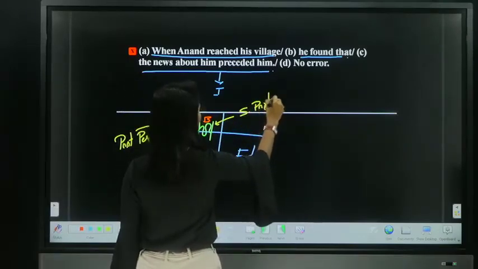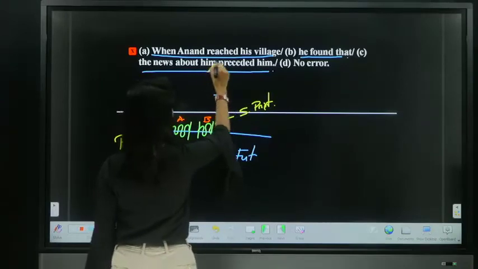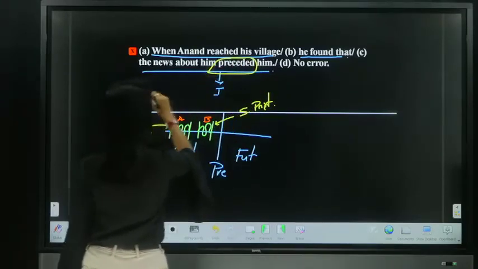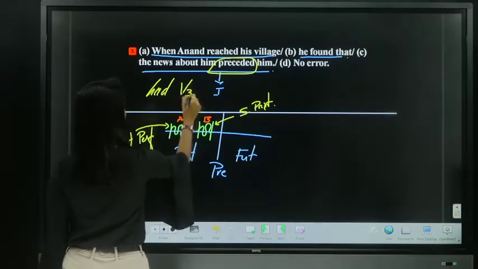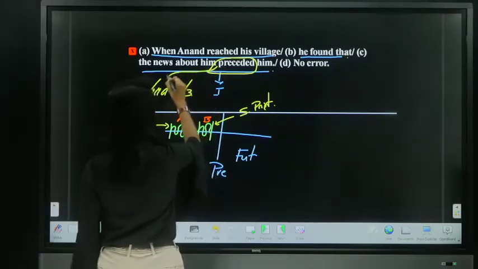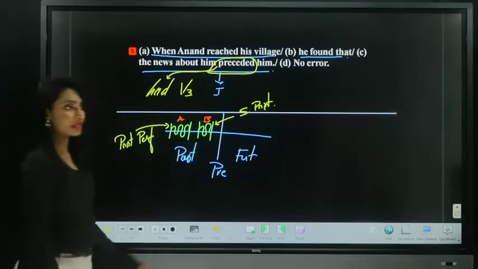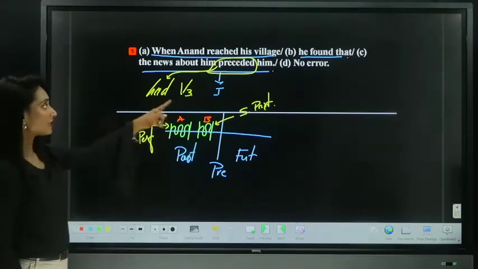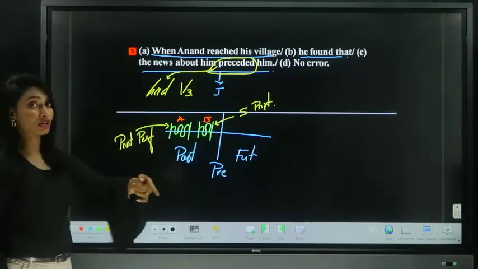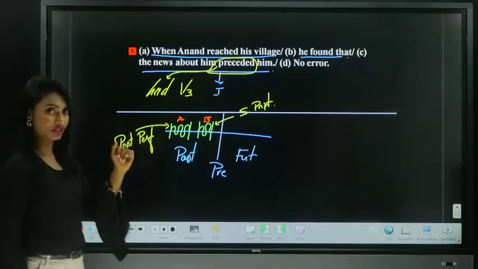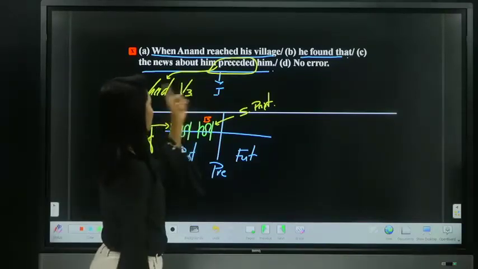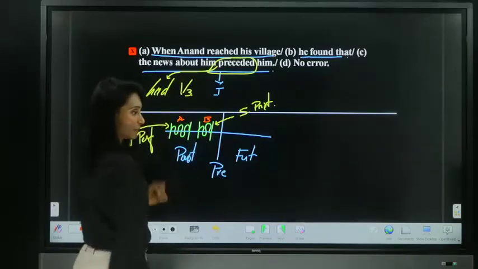What is past perfect? Had plus V3. So the news about him had preceded him is the correction, because that is the first action, not reaching. News reaching before his reaching is the first action. I hope it is clear.